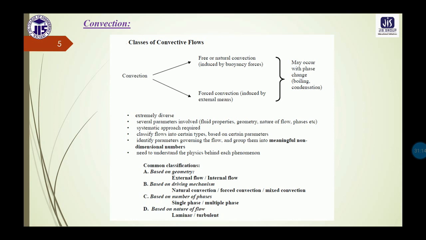Number C is based on the number of phases, single phase or multiple phase. And last, number D is based on the nature of flow, laminar or turbulent. All these classifications will be discussed in later classes.